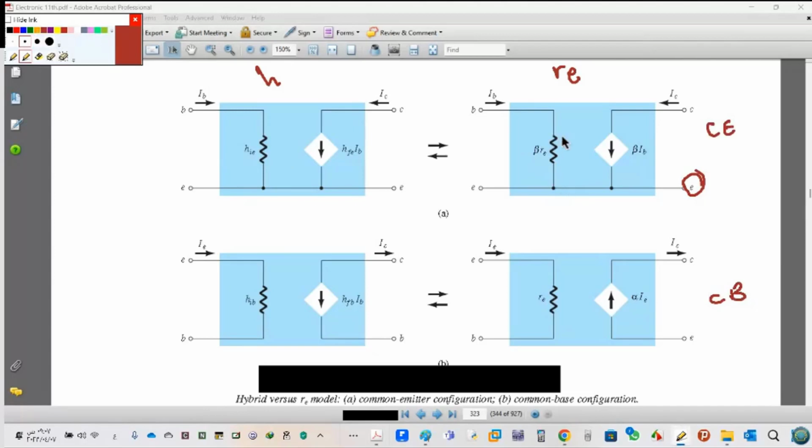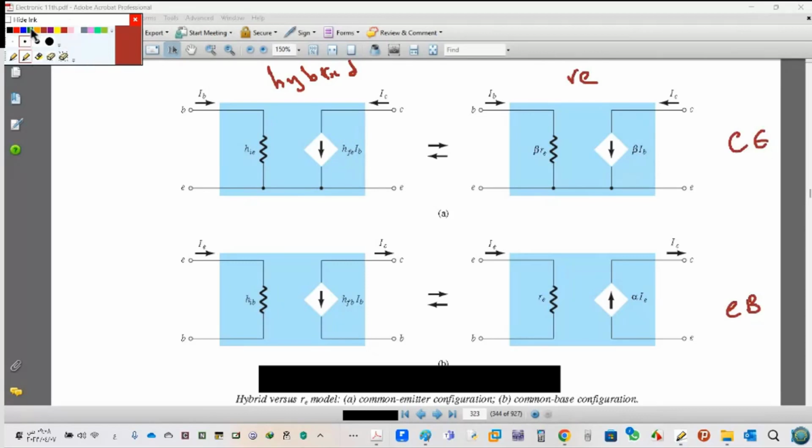Ahmed, with me. Beta RE equals HIE. Beta IB equals HFE. Okay, let's make again the hybrid, RE, common emitter, common base.